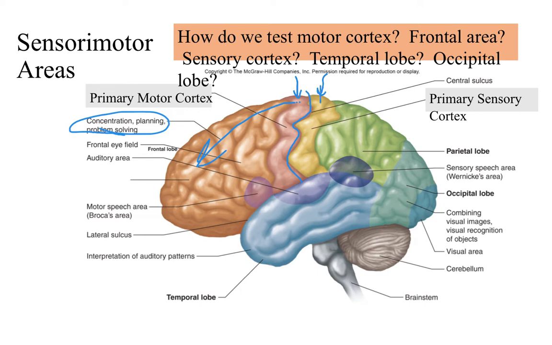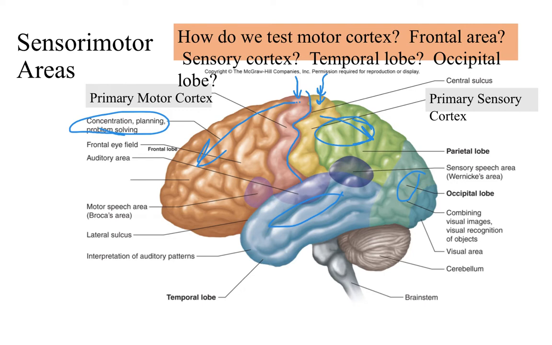If this part right here is the sensory cortex, then that means everything back here is related to sensory or sensory integration. So that's what happens a lot in the parietal lobe. Occipital lobe is specifically for vision and vision interpretation, and the temporal lobe is primarily involved in hearing, but has some components associated with language as well.